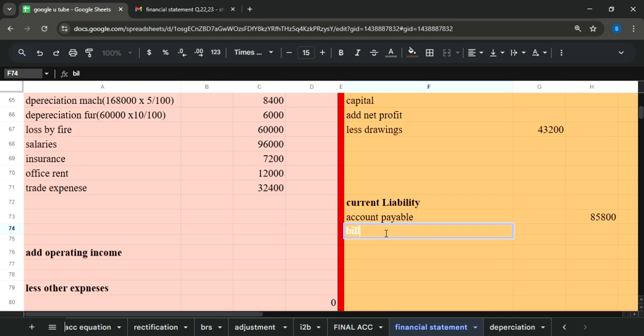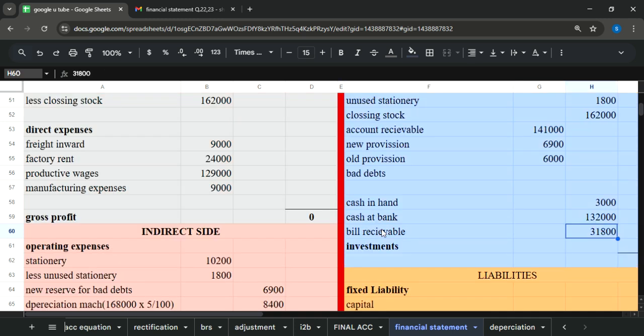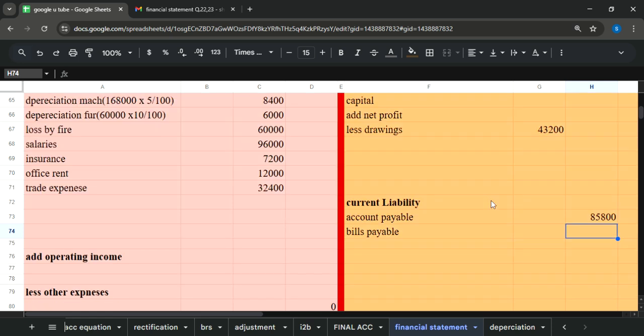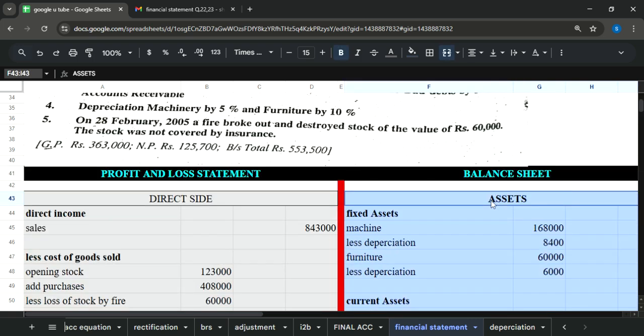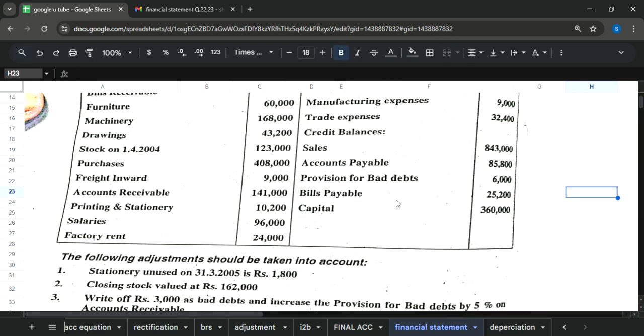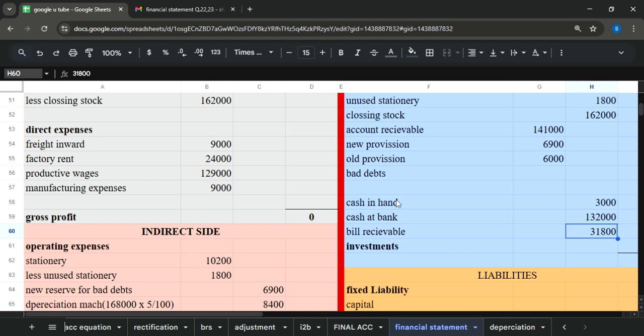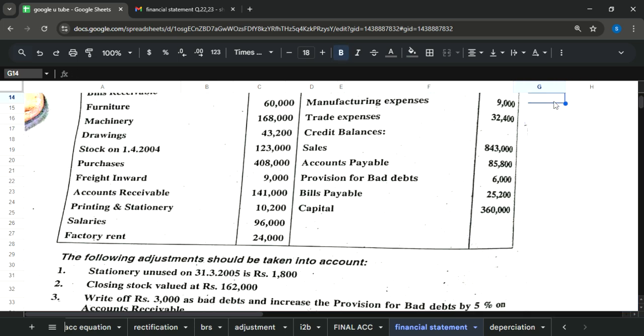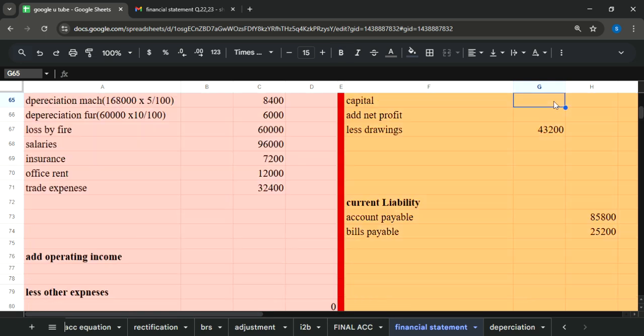So bills payable, and the amount is 25200. Then we have capital, which is part of fixed liability. Place is already reserved, and amount is 360,000. Just put amount over here.